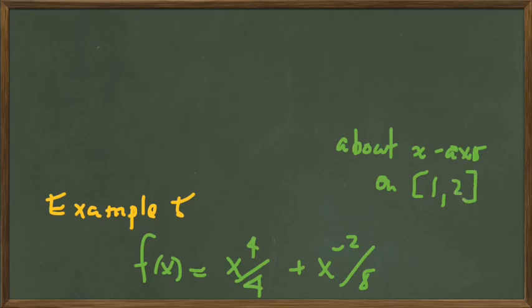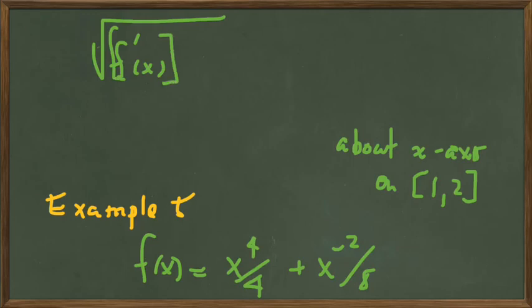And so we already have from before that the square root of f prime of x squared plus 1 from example 2 is x cubed plus x to the minus 3 over 4. So when we plug this into our surface area formula, let's see what we get.